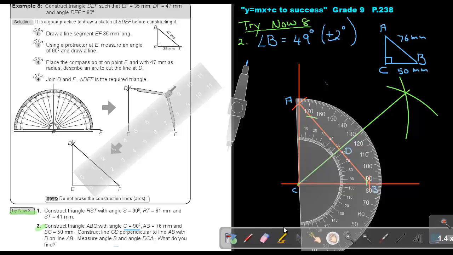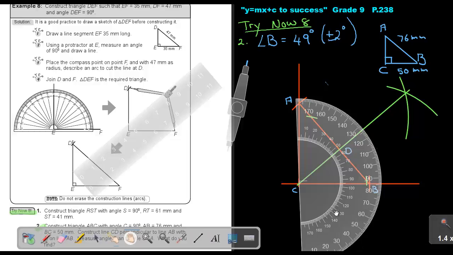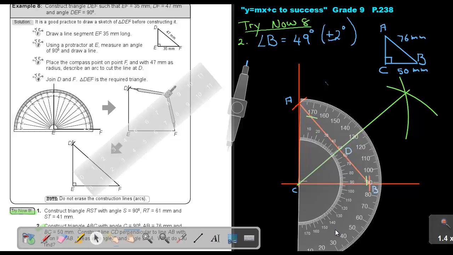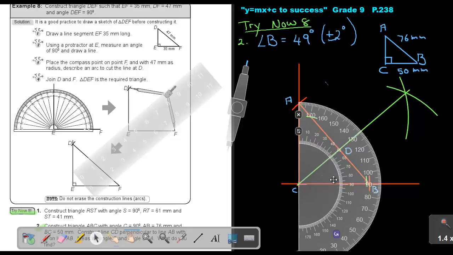Let's just move this first to this side so that we can turn this one. Okay. So we're going to put it there. Okay. And now let's just see.